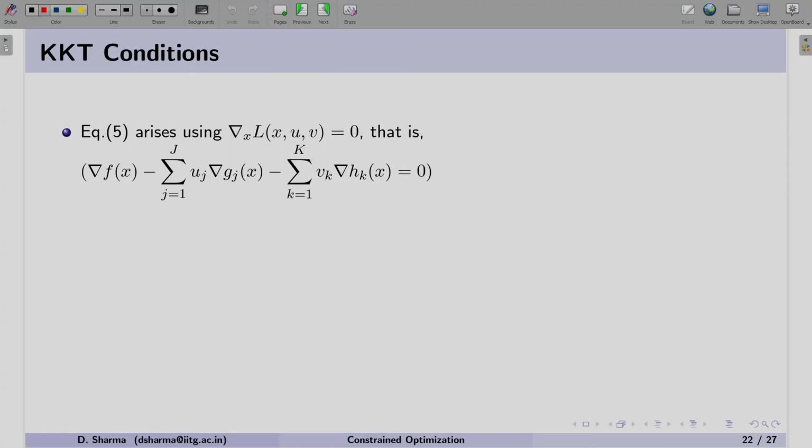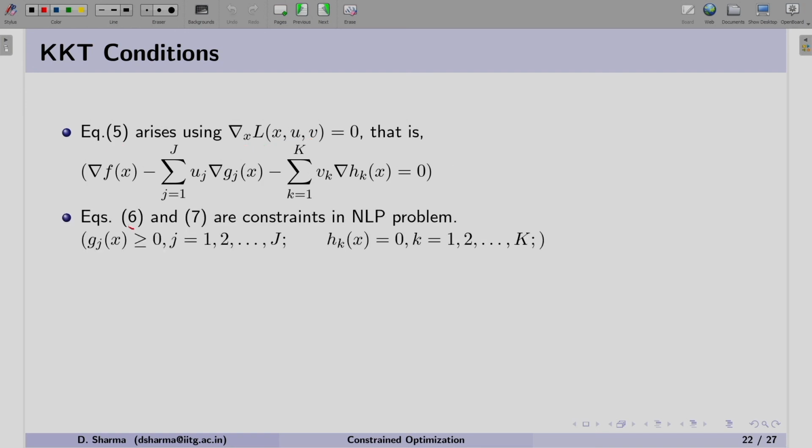So, let us understand those equations one by one. Equation 5 arises when we are finding the gradient of the Lagrange function with respect to x and making it equal to 0. So, this will give me the optimality condition. Thereafter, as we have understood, equations 6 and 7 are our original constraints of the nonlinear programming.